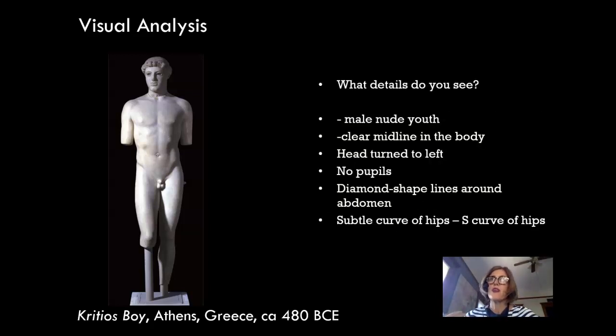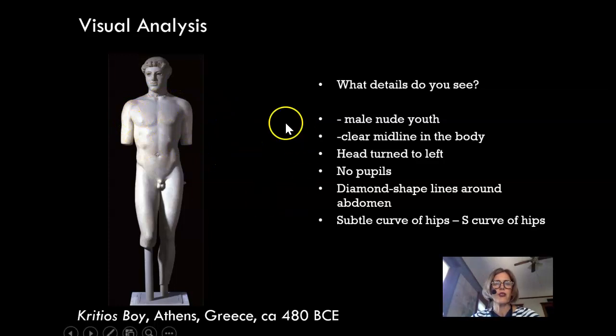Now, a visual analysis is a two-part practice, and we begin with describing the details that we see. Okay, and I've gone ahead and done this exercise. What details did I see? I saw a male nude youth. I saw that there was a clear midline that ran through the center of the body. I saw that the head turned to the left, and I noticed that there were no pupils in the eyes.